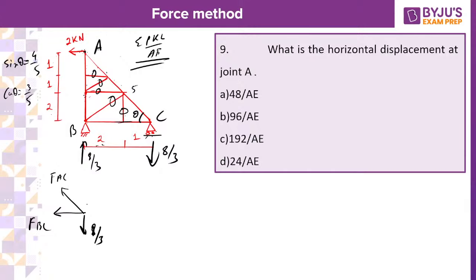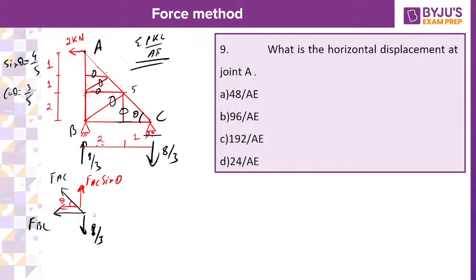Right? Now take the component of F of AC. This is theta. This will become F of AC sine theta, and this is F of AC cos theta.